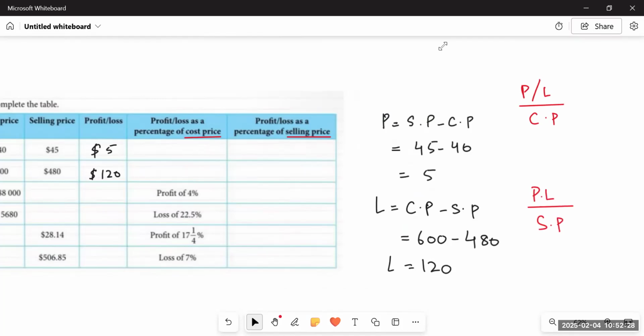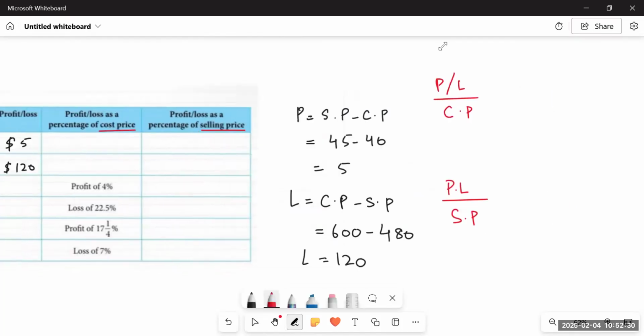By making this fraction, we will simply multiply it by 100. That's it. Because to find out percentage, we have already learned in detail that we have to make a fraction. We'll put the part in the numerator, the total in the denominator, and multiply it by 100% to find out the percentage. So if we do it, we'll get the percentage very easily.